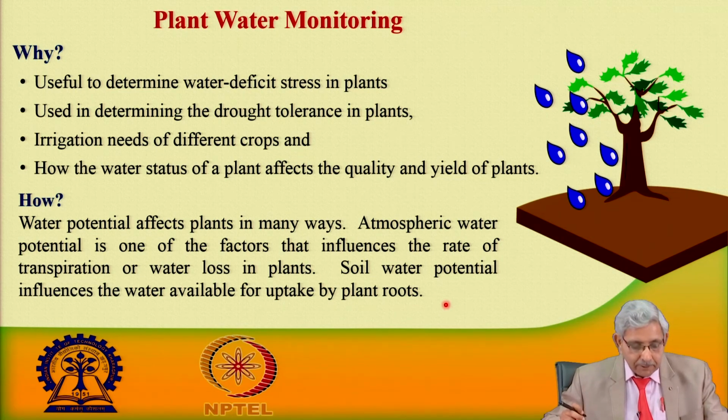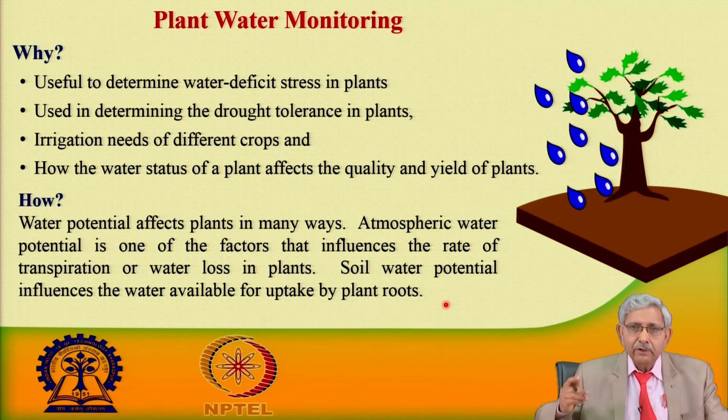the water potential in the plant differs in many ways. It is the atmosphere which provides energy, and because of this energy the plant, through the process of evapotranspiration, through the process of transpiration, extracts moisture from the soil.